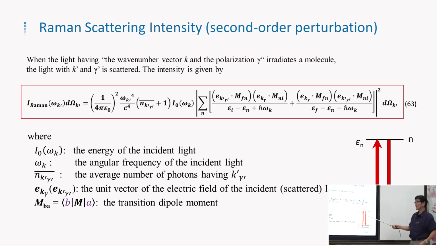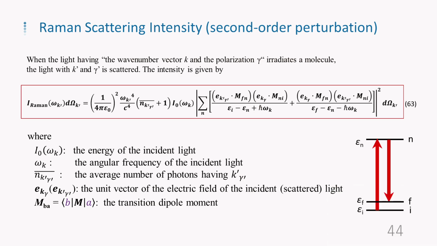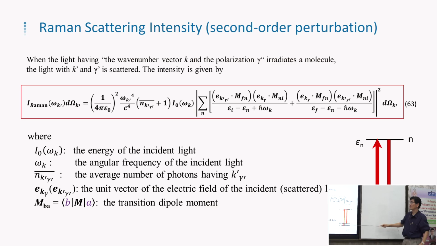So the Raman scattering occurs, Raman intensity has a non-zero value, when the transition moment from I to N, M N I, and the transition moment from N to F, M F N, are both non-zero. It should be an allowed transition.